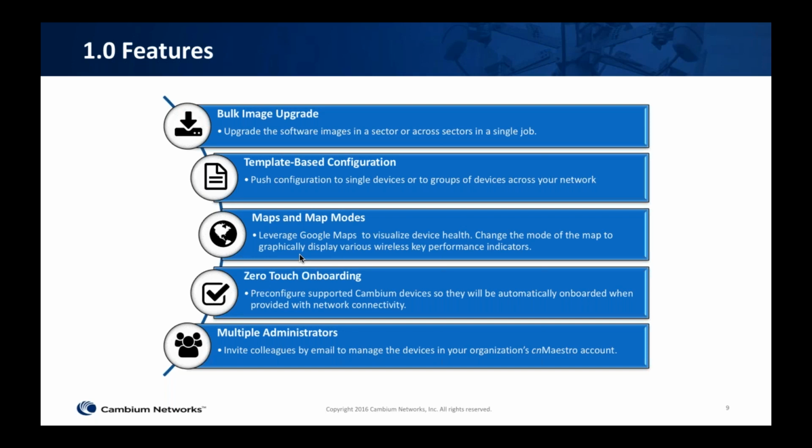So bulk image upgrade. If you have some security updates from Cambium, and you want to update to a new firmware, the easiest way is to use our monitoring system. And the same applies to any other third-party monitoring system you want to use. It's one of the features you're looking for.